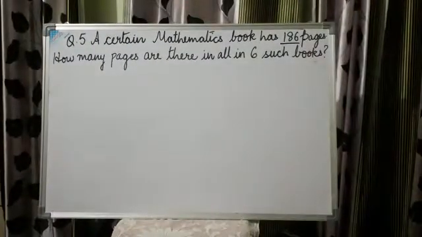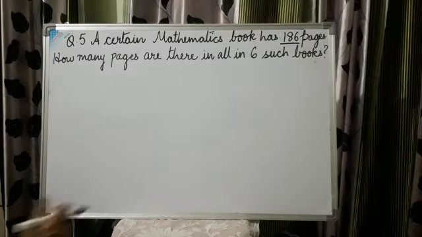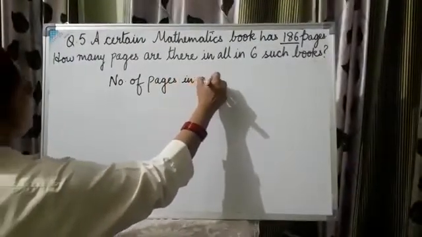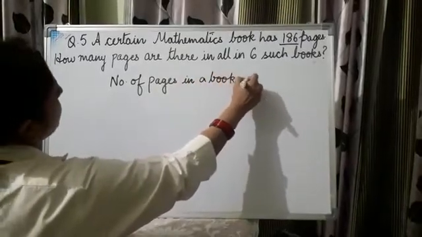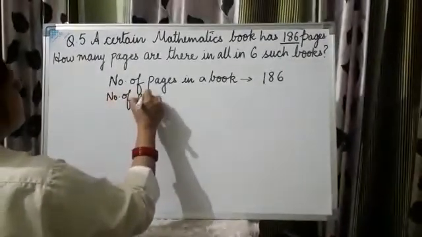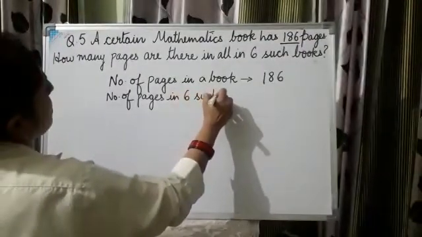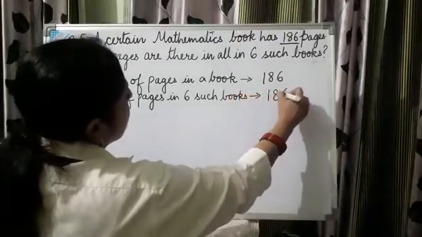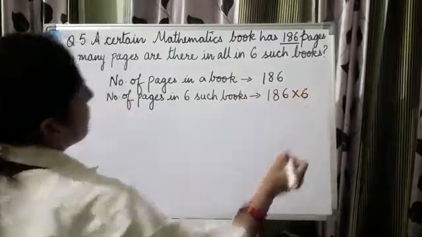With this we are going to start the short statement. First statement is number of pages in a book, 186. Number of pages in 6 such books, which will be 186 multiplied with 6.